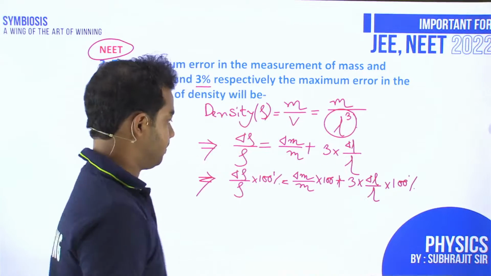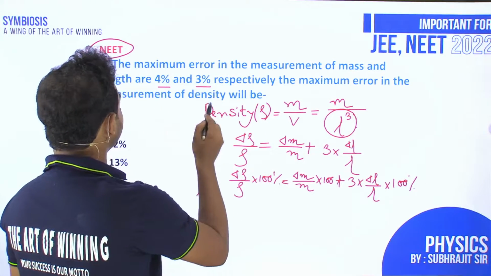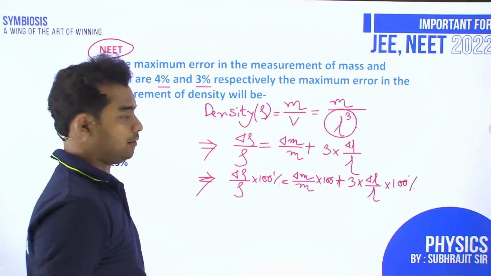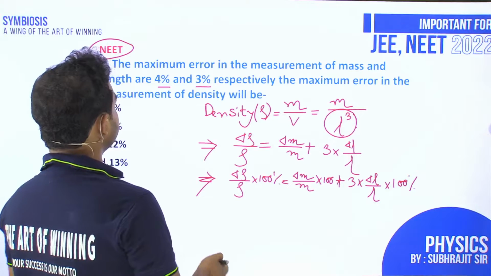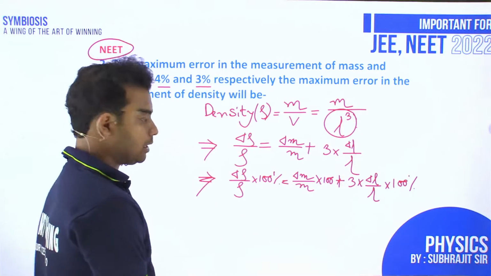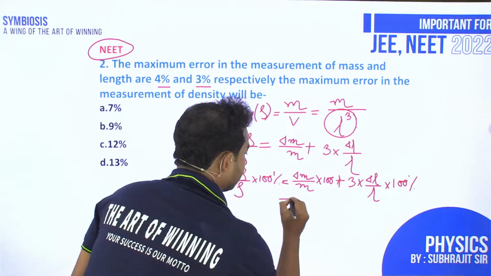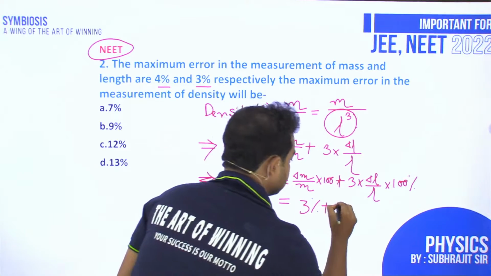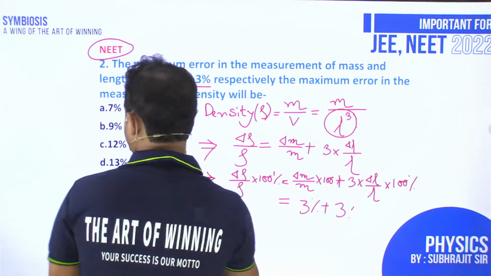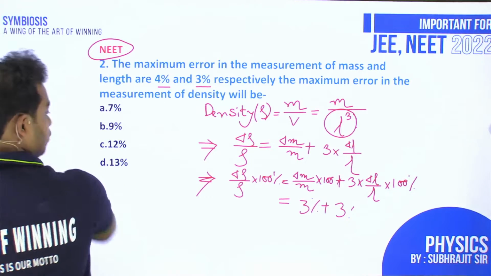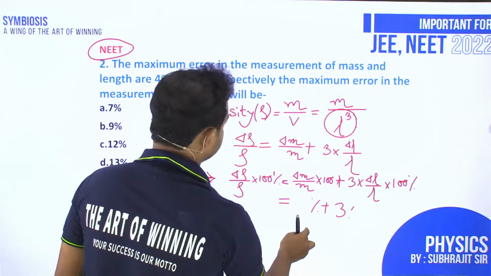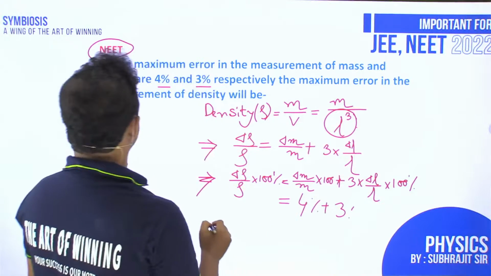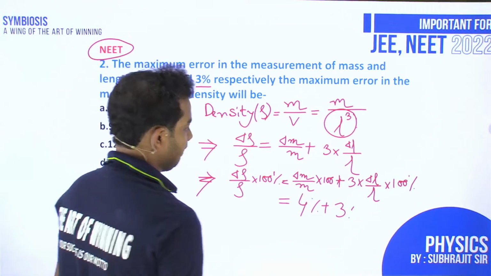Got it? So here the given quantities are the maximum errors in the measurement of mass and length, which are 4% and 3% respectively. Sorry, the first one is 4%, means mass is 4% and length is 3%.